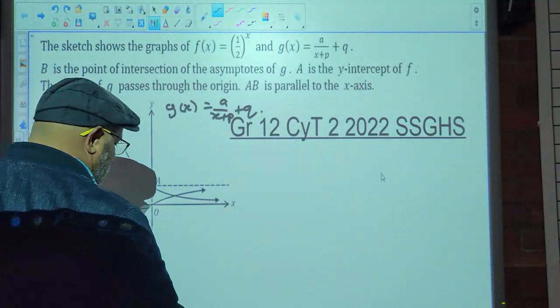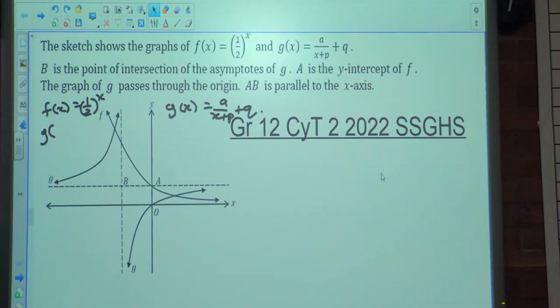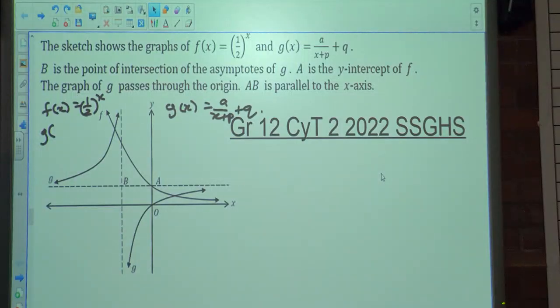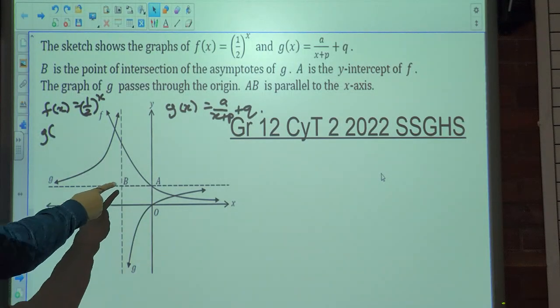B is a point of intersection of the asymptotes, which is this point here. A is the y-intercept of f. The graph of g passes through the origin, which is there. AB is parallel to the x-axis.